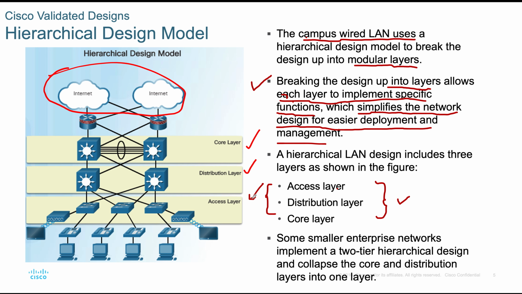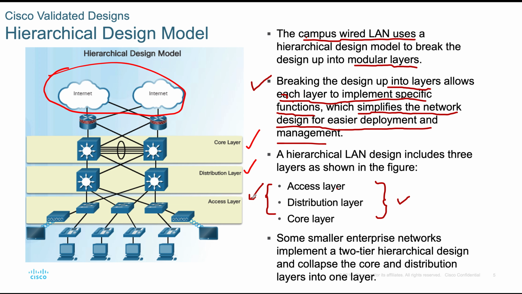Is that okay? So this will simplify the deployment of your design and network devices. It will make the deployment and the management of these network devices easier and simpler for you.